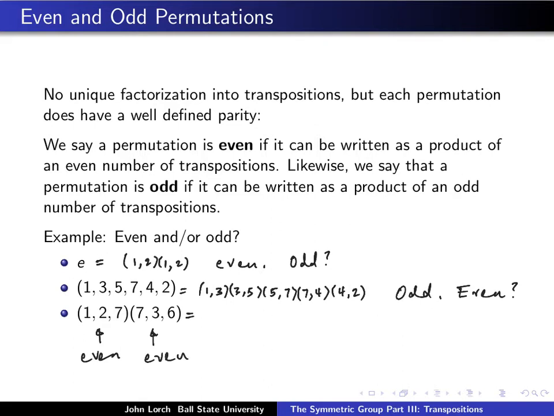And it stands to reason that if you multiply two even permutations, you should get a third even permutation, because the number of transpositions would be an even number plus another even number. So this is even. Is it odd? Well, hard to say.